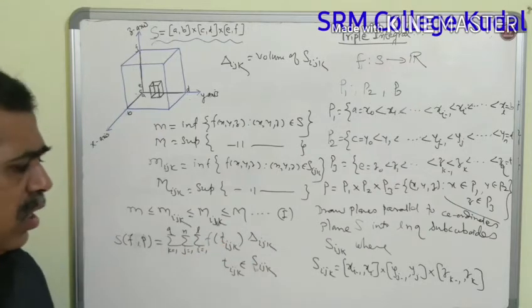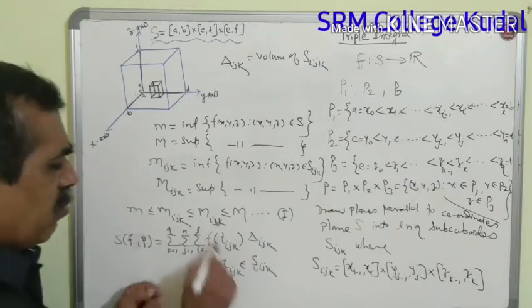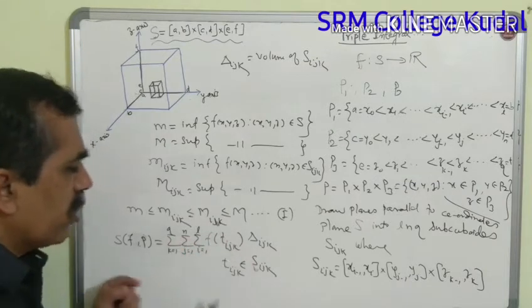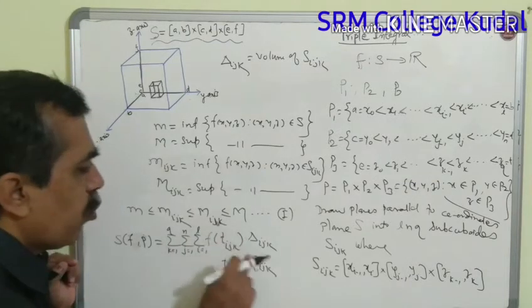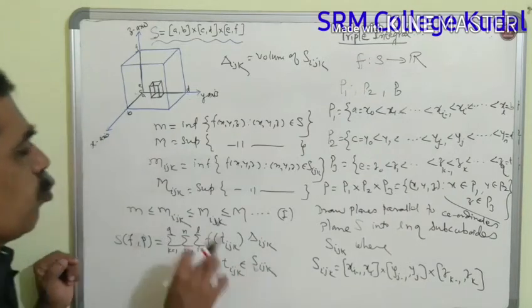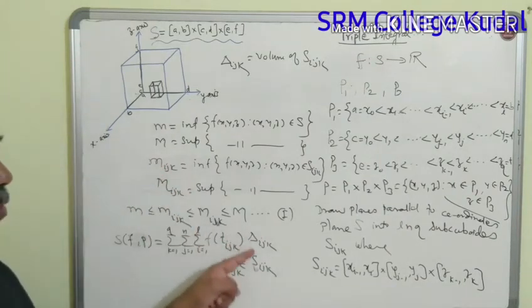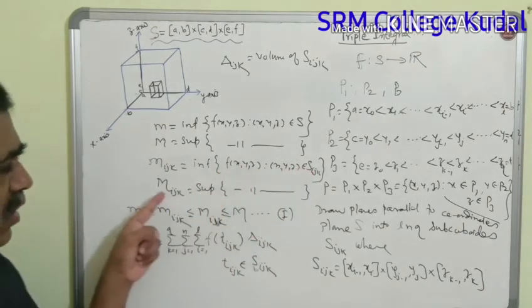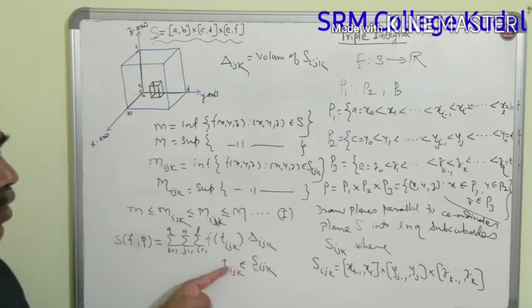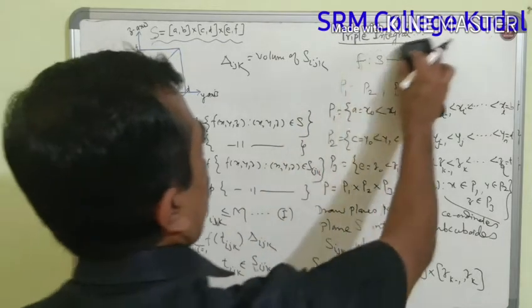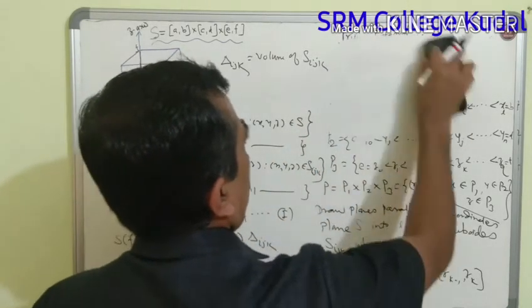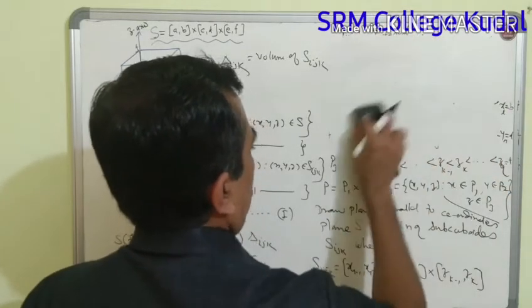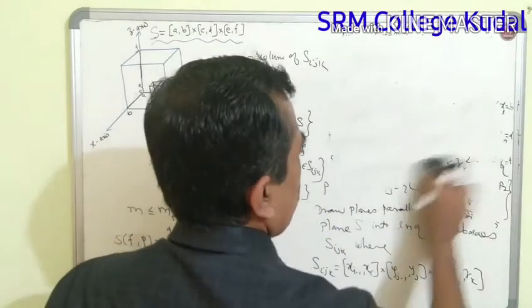Now instead of considering any value of the function at any point of this Sijk, if we consider the infimum value of the function over Sijk and the supremum value of the function f over Sijk, what we get are the resulting Riemann sums.